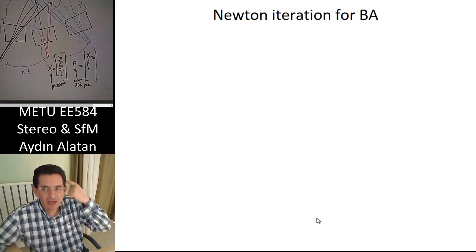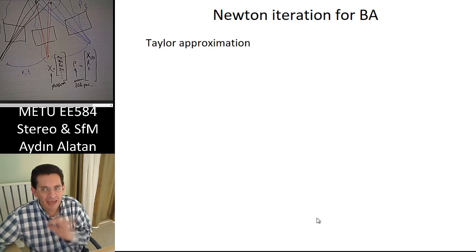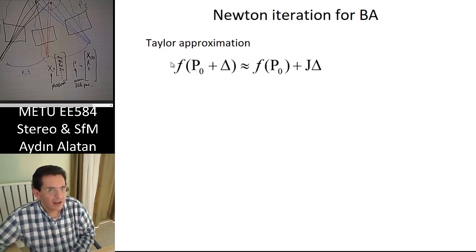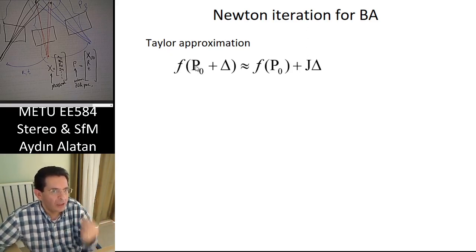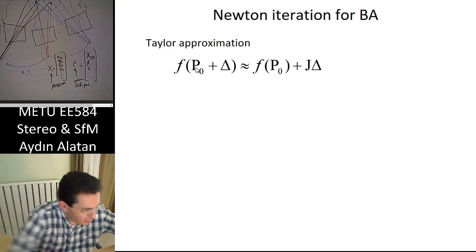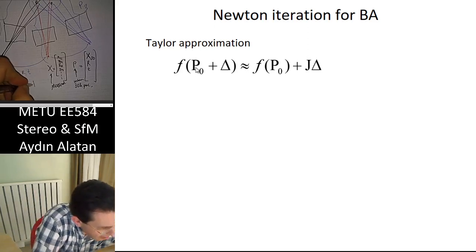The Newton iteration for bundle adjustment is a Taylor series expansion. This complicated mapping function is evaluated at point P0 plus delta. P0 is your initial estimate, maybe from the E matrix, pairwise, whatever.